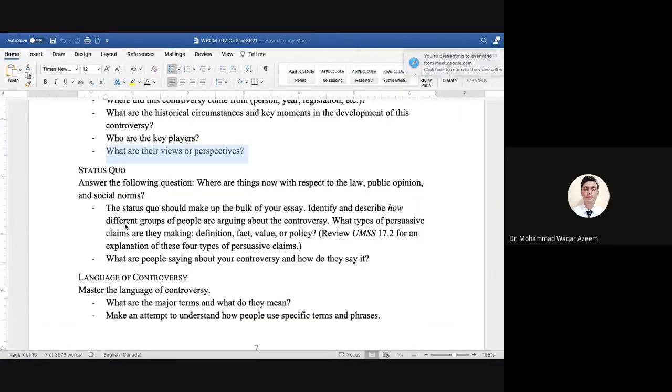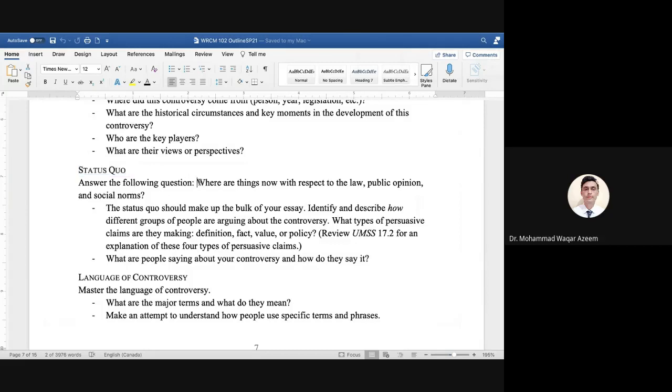Now, the second part of your essay is status quo. Most of you know that status quo means the current situation or the current condition. In the status quo part of your controversy analysis paper, you will describe how that controversy is being treated today, these days.